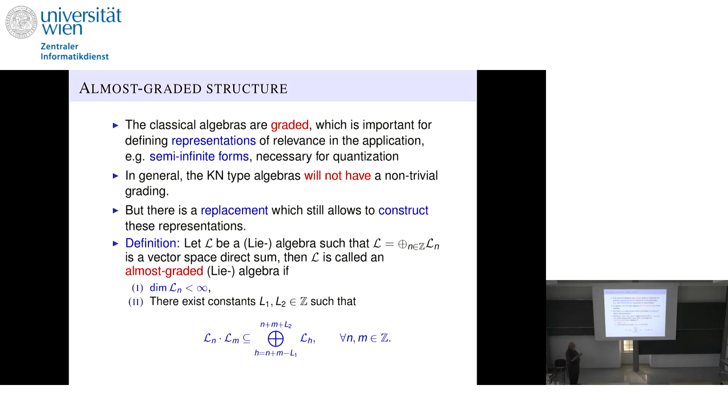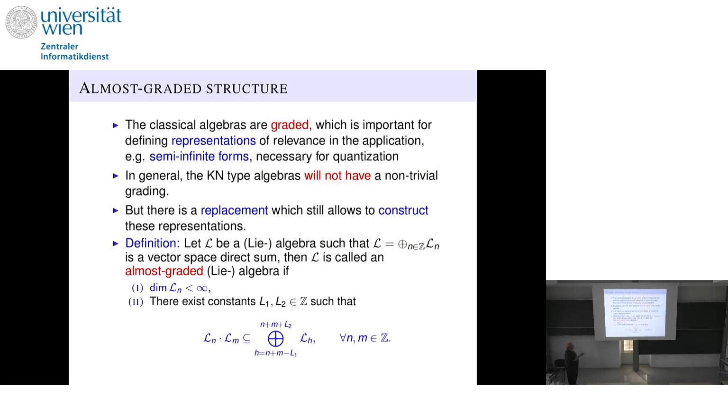You see, we have the algebra L, a Lie algebra or other algebra, doesn't matter. We split it into subspaces. It's a vector space, a direct sum into subspaces, indexed by n or by half integer, okay, good.